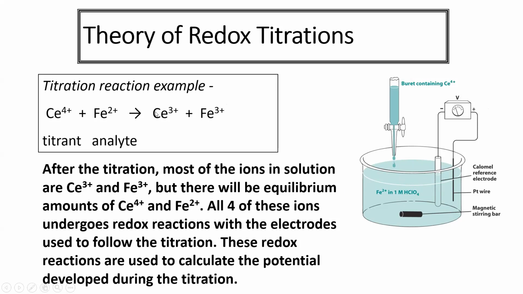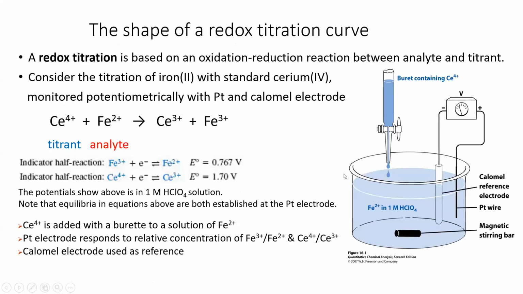But these 4 ions that we have here, both the reactant and the product, will at one time or the other be in this medium. And what will be used to monitor the depletion of iron 2 as iron 3 is produced will be the potential difference of the electrode, using a calomel reference electrode and a platinum wire. And remember that this will be stirred continuously as the titrant is added from the burette.